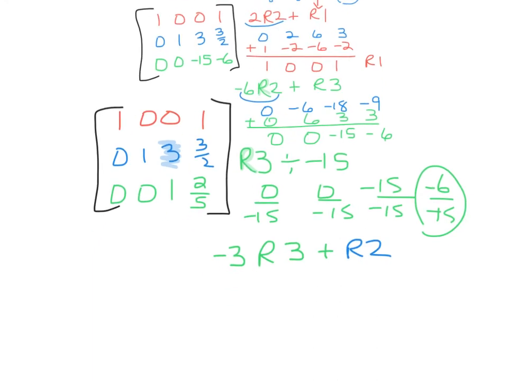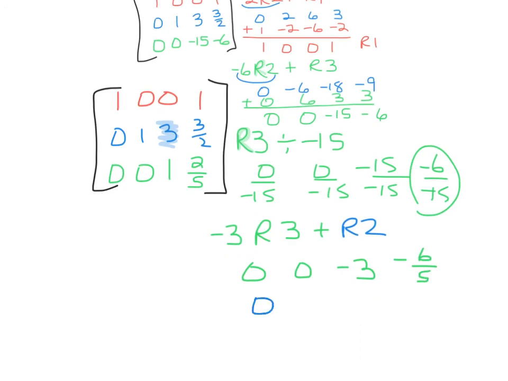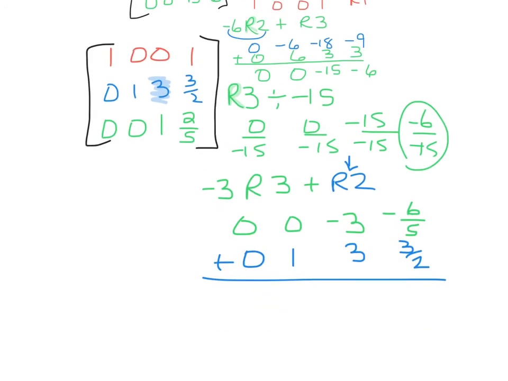So row 3 multiplied by -3 is going to give me 0, 0, -3, -6/5. I'm adding it to row 2. That's going to give me my new R2, 0, 1, 0.